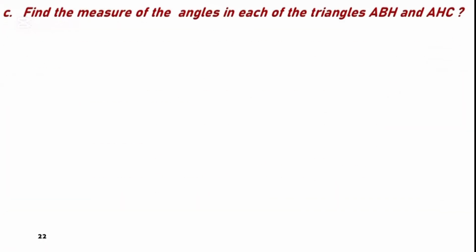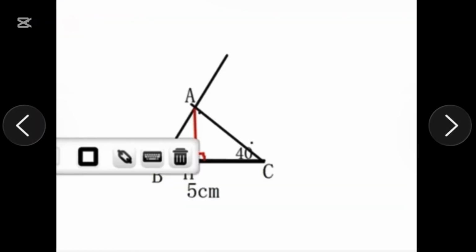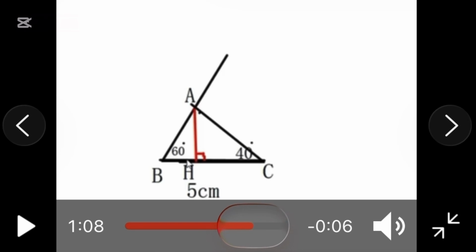Part C. Find the measure of the angles in each of the triangles ABH and AHC. This is the triangle. We know that AH is the height, and we know that the height makes angle 90 degrees. So we have in triangle ABH, the angle B is 60 degrees, the angle H is 90 degrees.